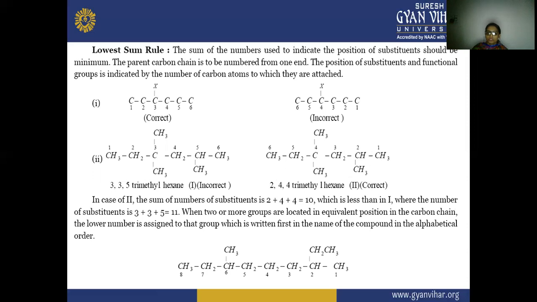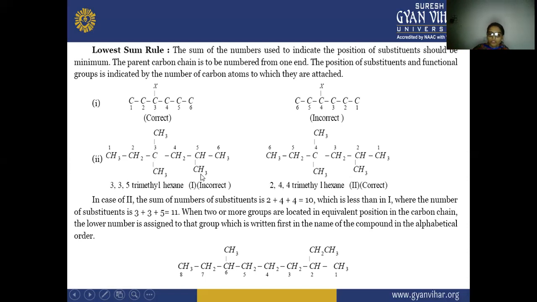So the first one is correct, and the second one is incorrect. The second is CH3 CH2 CH3 CH2 CH3 CH3. If we are numbering it from the left side, then the position of the substituent attached comes on the third and the fifth position.